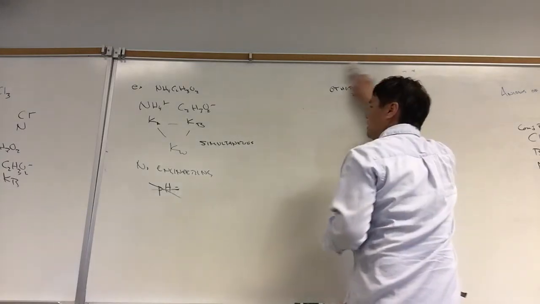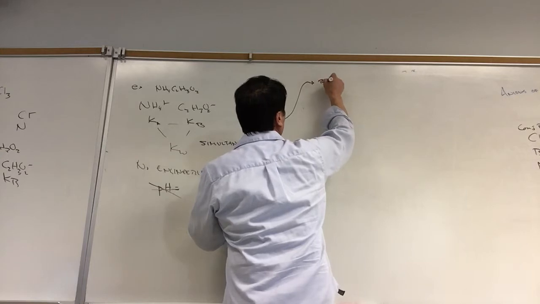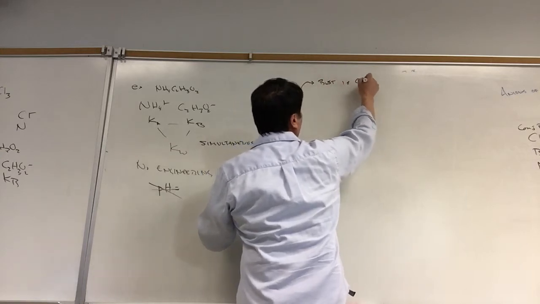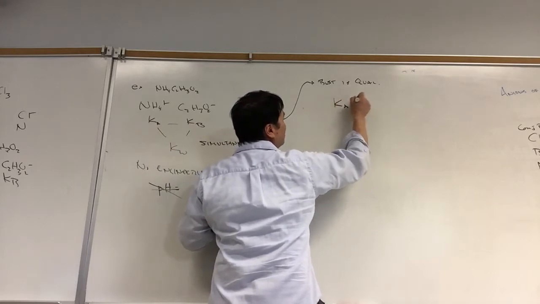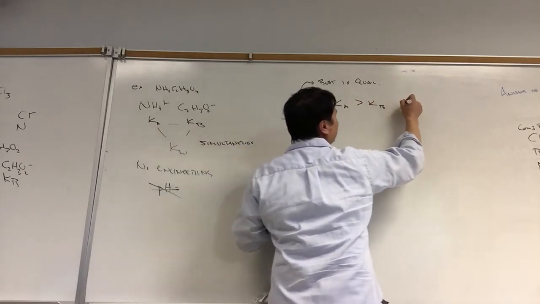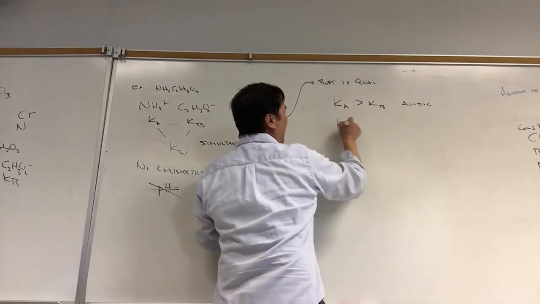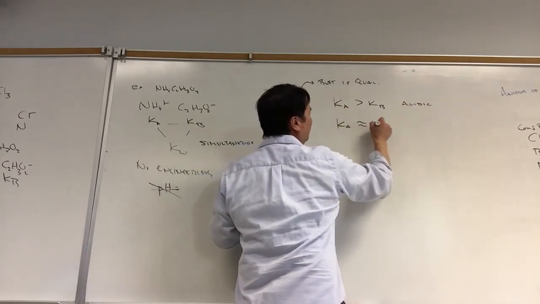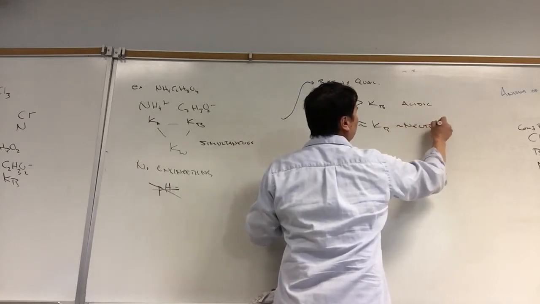Therefore, when we have a simultaneous situation like this, the best we can do is qualitative. If Ka is bigger than Kb, then we say it's going to be acidic. If Ka is comparable to Kb, then it's close to neutral. We say about neutral.